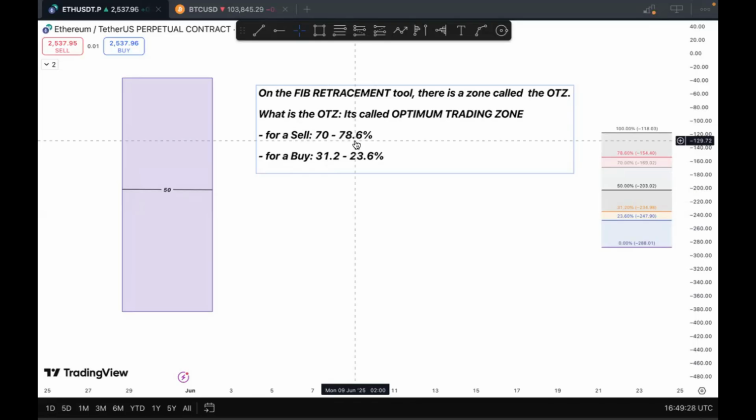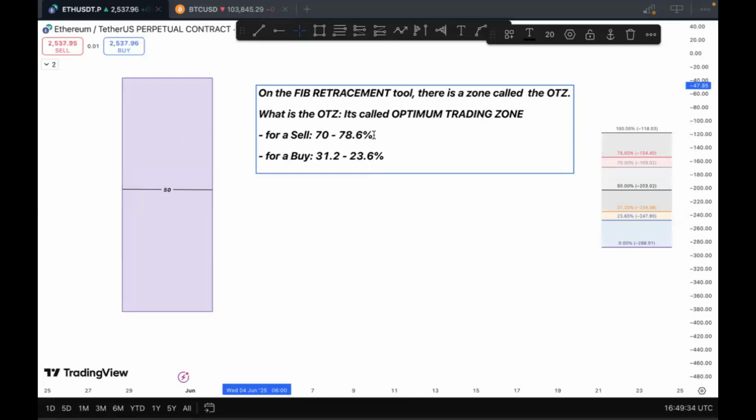From this zone upward, okay? Let's say, okay?